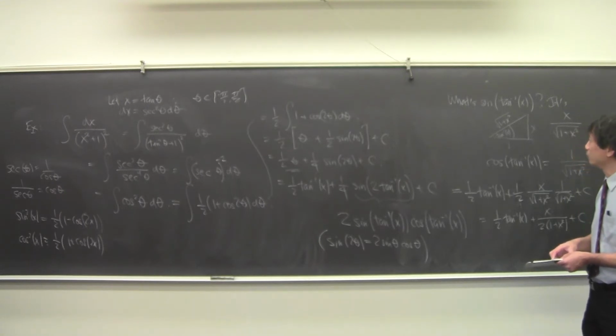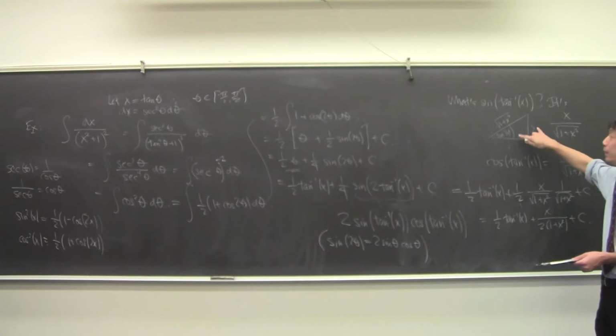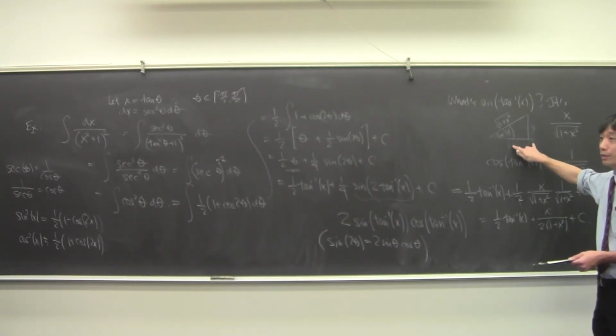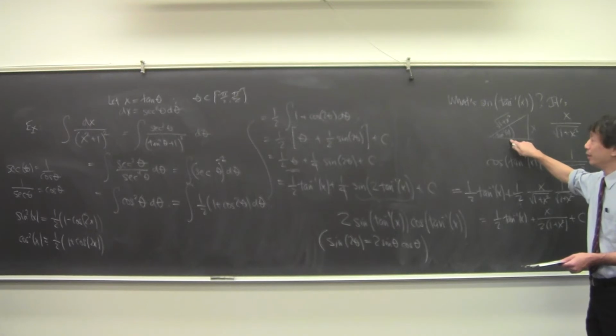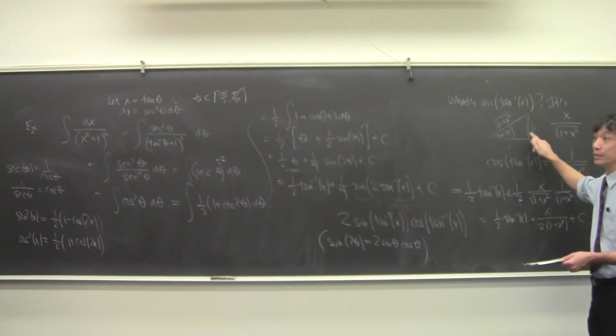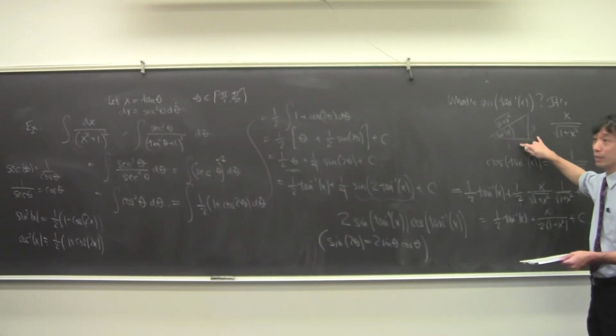But you should be able to do something like this. If I say, what's the sine of arctan of x? You can figure it out using a triangle. If this angle is arctan x, then the tangent is x. That means the ratio of opposite to adjacent is x to 1. That gives me that the hypotenuse is the square root of 1 plus x squared, by the Pythagorean theorem.